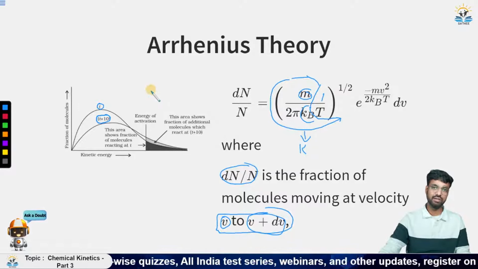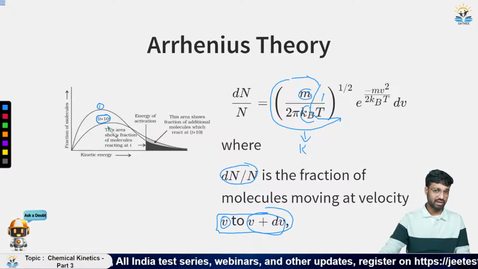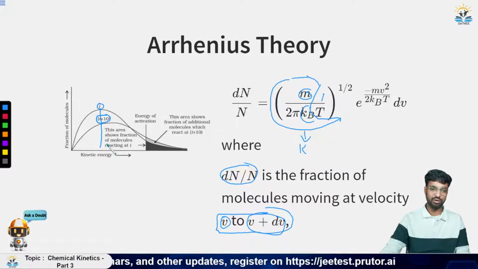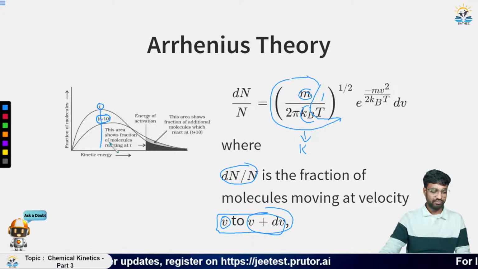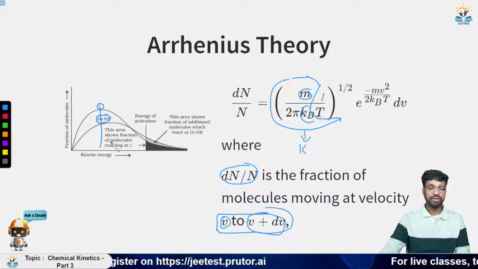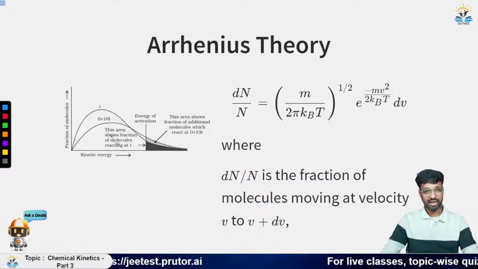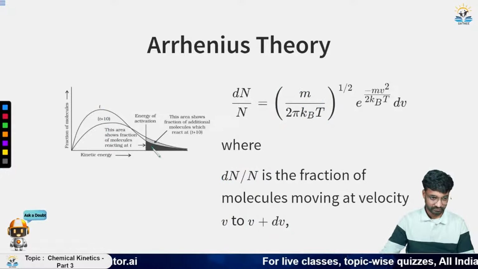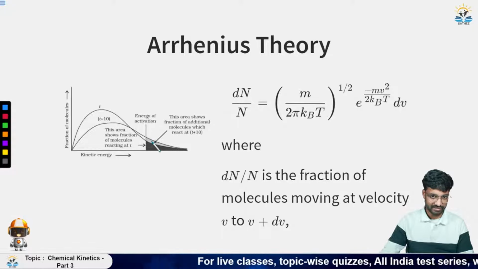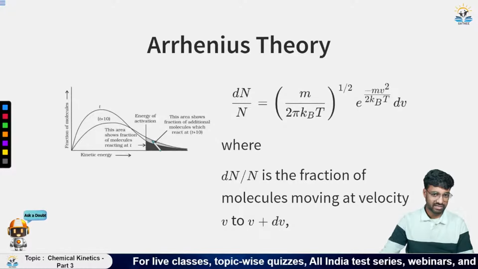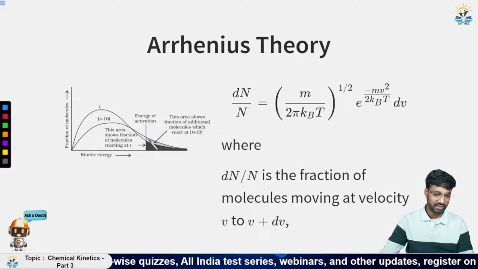So the molecules having this part of the energy have decreased, but it is the lower energy, and we know very well that to form the transition state we have to look at higher energy. So in the higher energy region, you can see a slight change. At temperature t plus 10, the number of molecules having higher energy has increased.